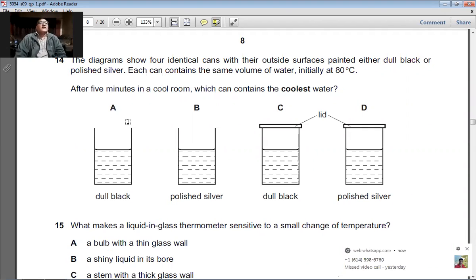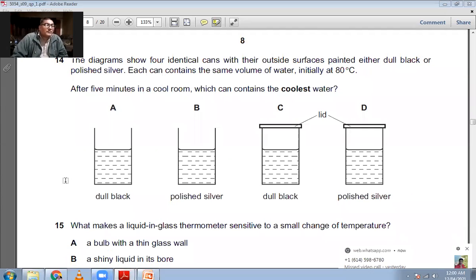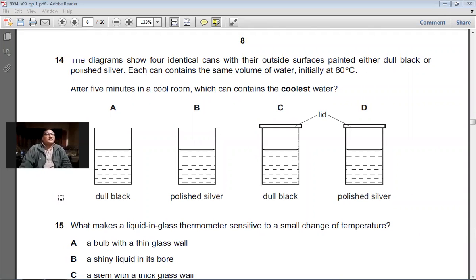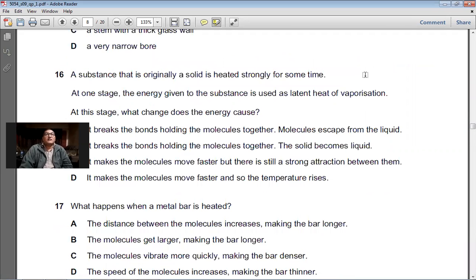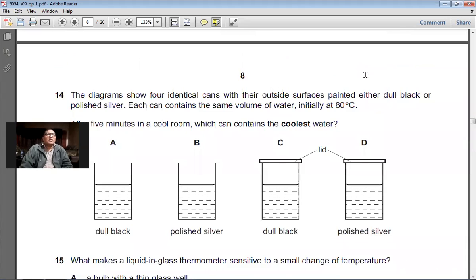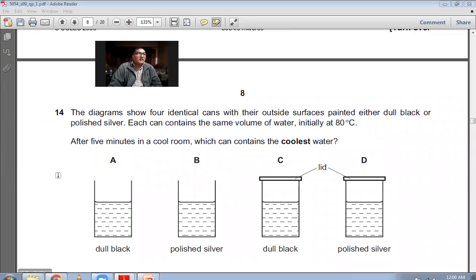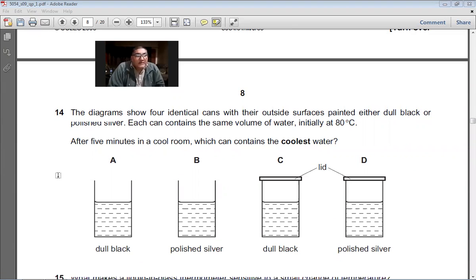Question number 14. The diagram shows 4 identical cans with their outside surface painted either dull black or polished silver.